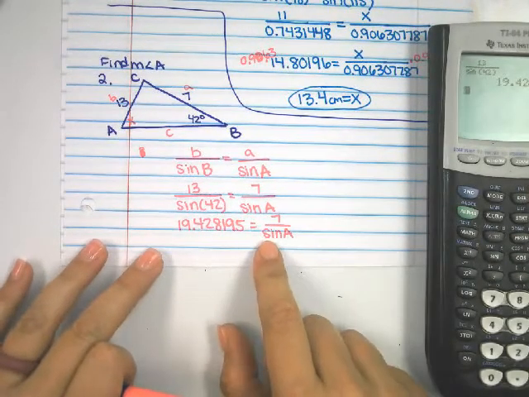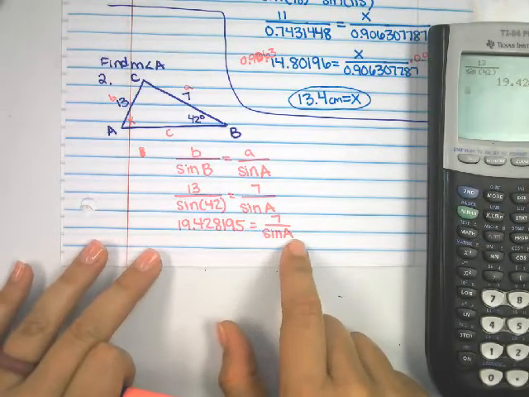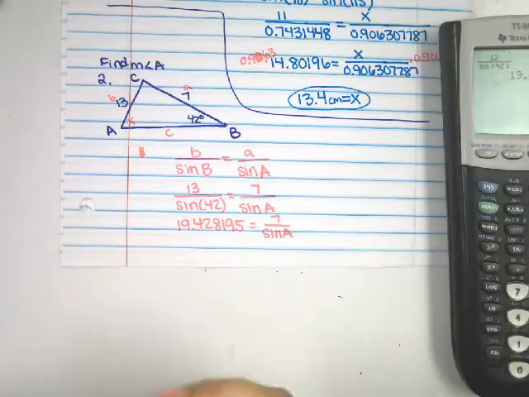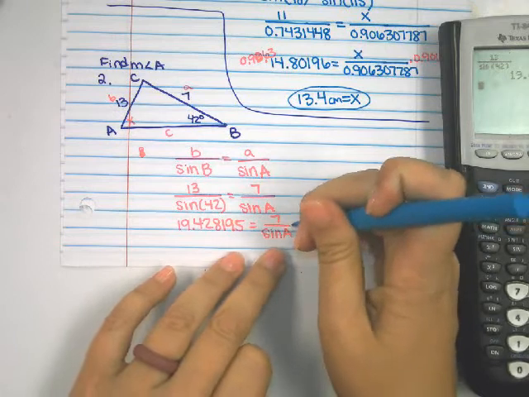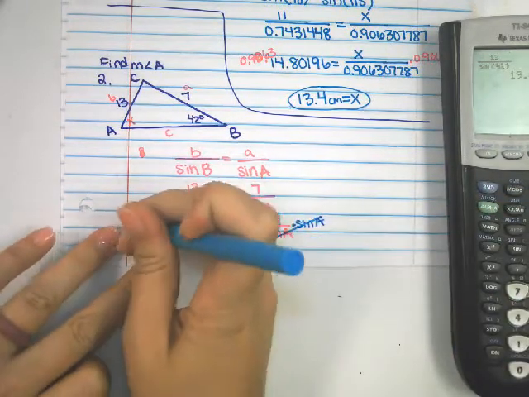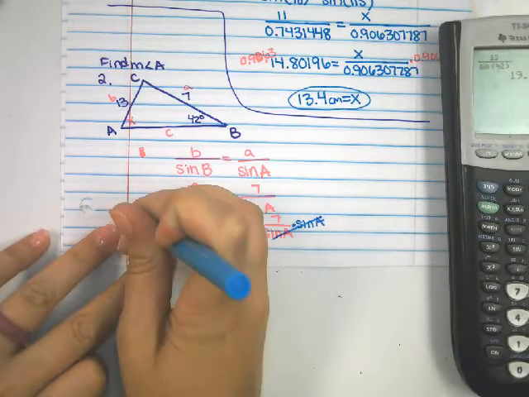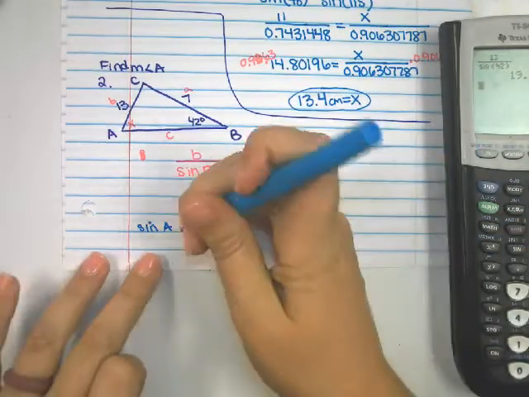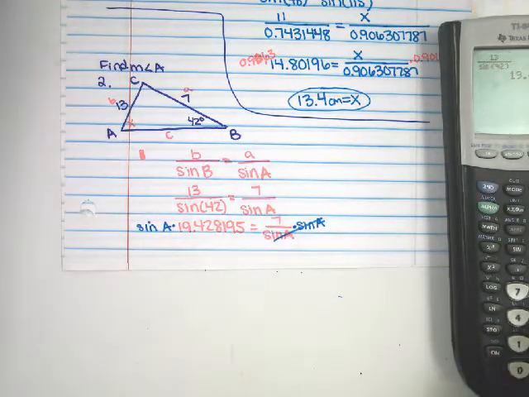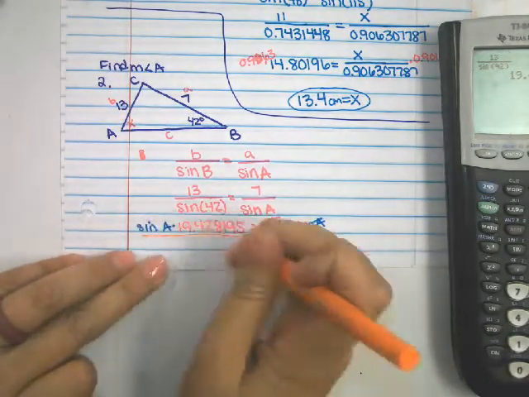On this side, we can't figure out what this is because we don't know angle A, and the 7's stuck on the top. So you always, when you're solving an equation with a fraction, and you need to move this side, you're going to multiply by the thing on the bottom. So the sine A is on the bottom. So we get sine A times that. The sine A's cancel. And in our next step, we divide off the decimal.